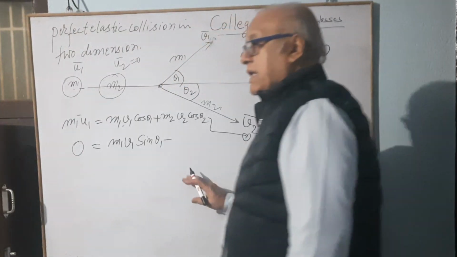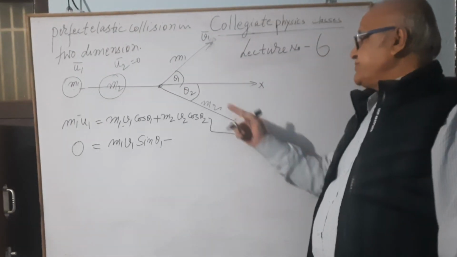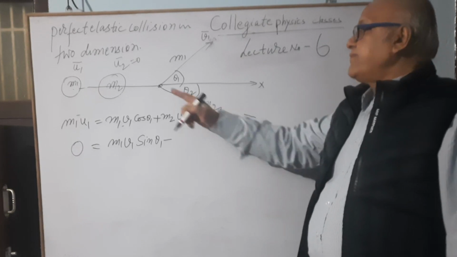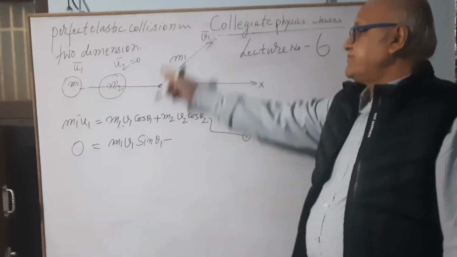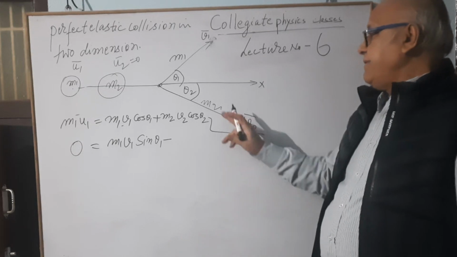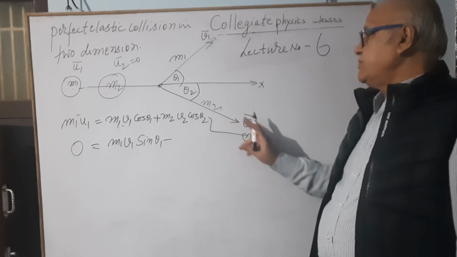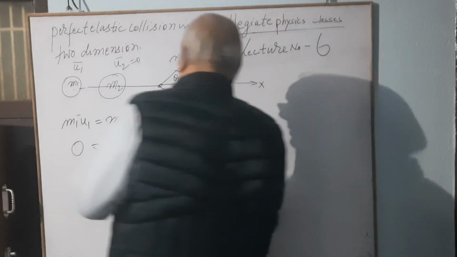And the momentum of second body after collision along this y-axis will be m2 v2 sin θ2.